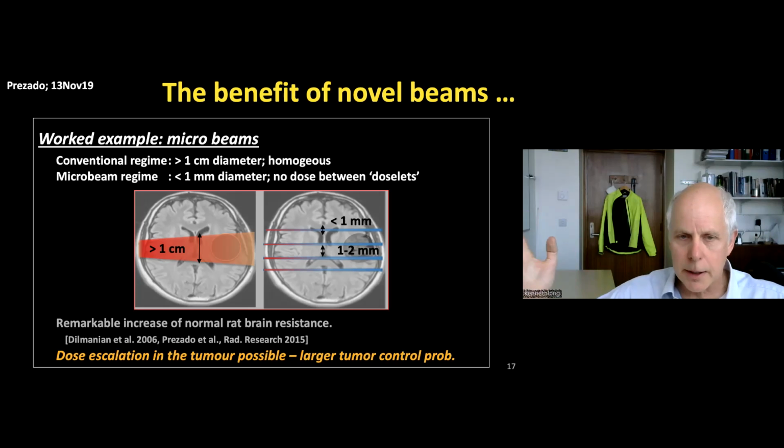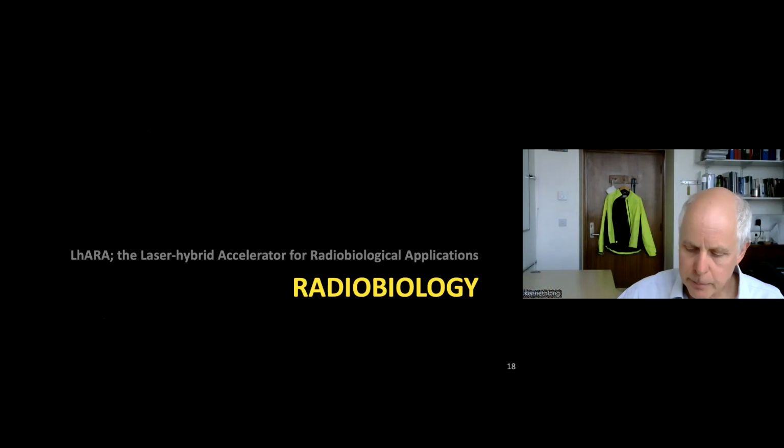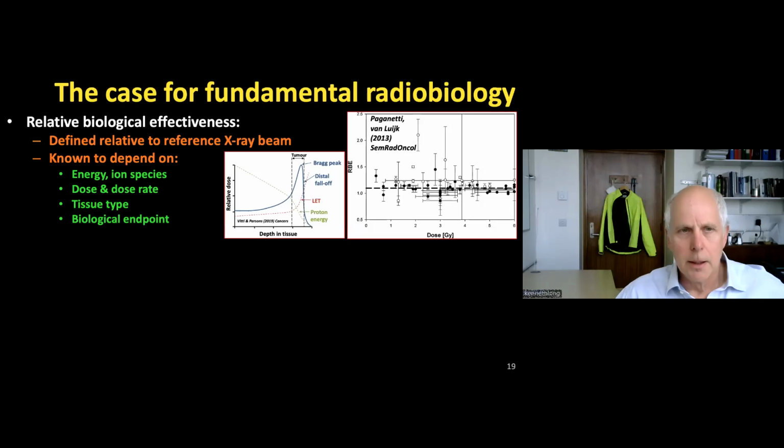So that's, if you like, indication that in the spatial domain, one should be studying what is the best technique to be looking at, to be delivering the radiotherapy in. Which is a motivation for looking at why we want to study the fundamental radiobiology, which underpins the therapeutic effect of radiotherapy.